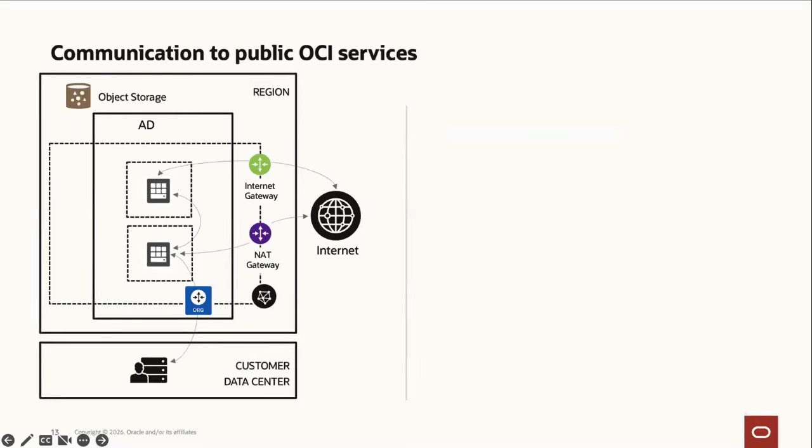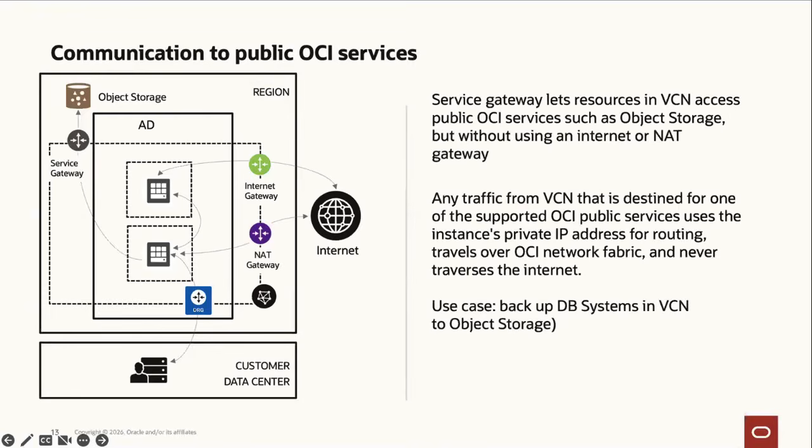Next we have communication to public OCI services. For this use case, you'll need to use a gateway called a service gateway. Service gateways let resources in your VCN access public OCI services such as Object Storage, and you don't need to use the internet or NAT gateway or traverse over the internet. So it keeps it secure and gives you a private connection.